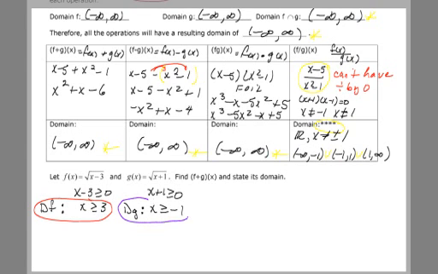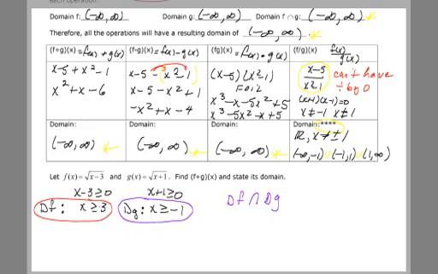which is here. Now, if I want to perform an operation such as f plus g at x, I have to state the domain of the result. If we go back to our little box that I had copied from the book, it says the result is going to be where the domain of f intersects the domain of g.